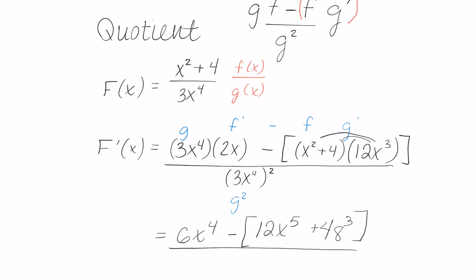Now, you have to square this whole thing, right? So that's like saying 3x to the 4th times 3x to the 4th. Well, that's 9. And x to the 4th times x to the 4th is how many? X to the 8th.